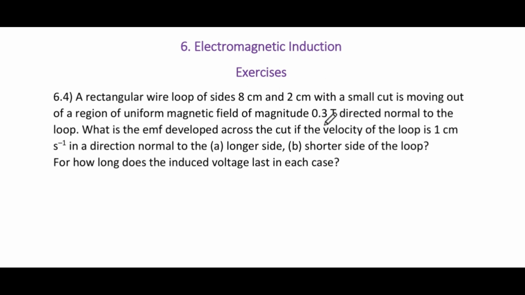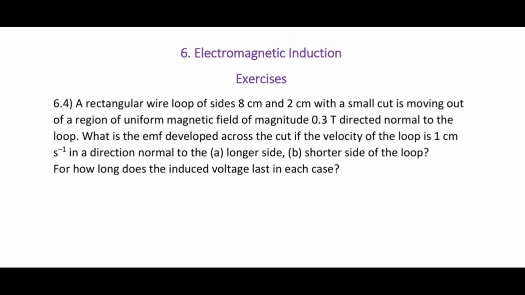Coming to 6.4. A rectangular wire loop of sides 8 cm and 2 cm with a small cut is moving out of a region of uniform magnetic field of magnitude 0.3 Tesla, directed normal to the loop.